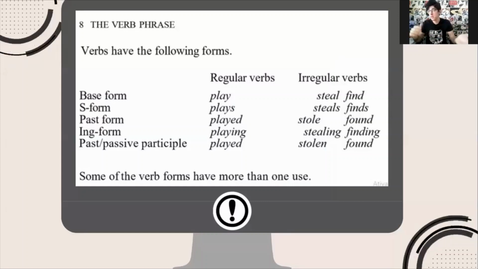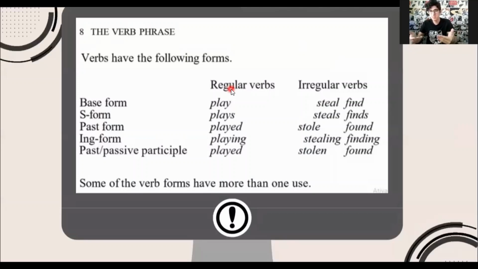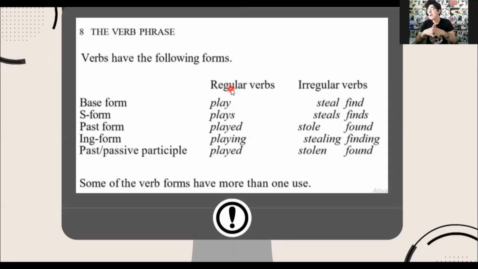We have the regular verbs, which follow a rule as they are conjugated. So inside a sentence, the regular verbs are going to have a pattern form. They follow a pattern when we are conjugating them. For the irregular verbs, sadly, they don't follow a rule.